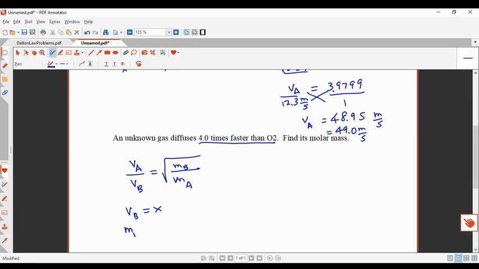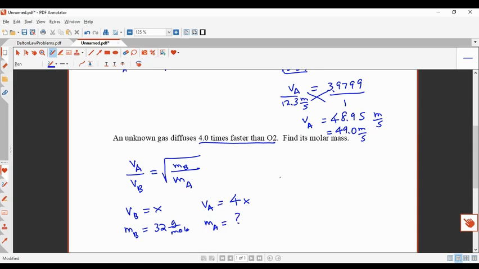We have mass of B is 32 grams per mole, and VA is equal to 4X. So A is your unknown. It's moving 4 times faster than oxygen, and mass of A is unknown.